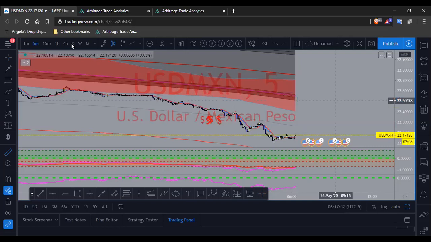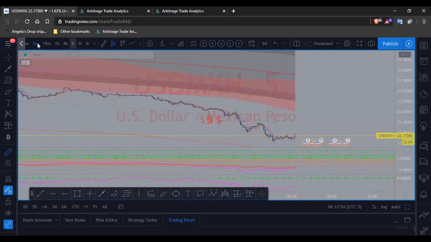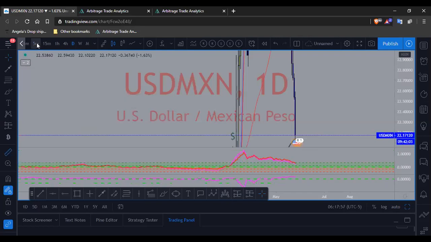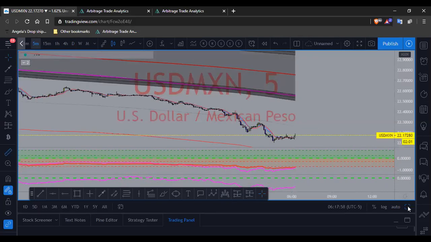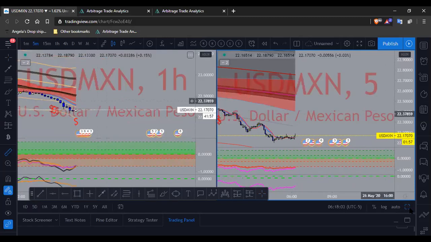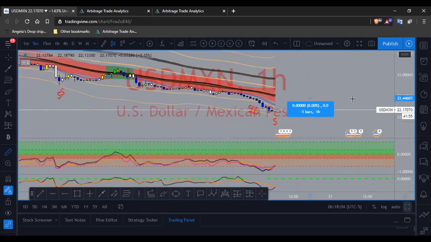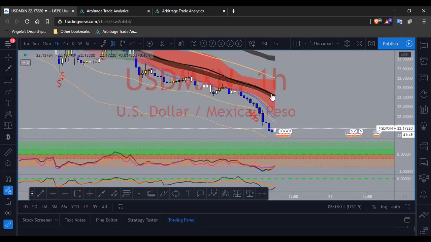And overall, like I said, this is why you want to always check multiple time frames. But let me go on to the 1 hour chart on the same pair. And so we do see that on the 1 hour price, same thing. It's at the lower danger zone.